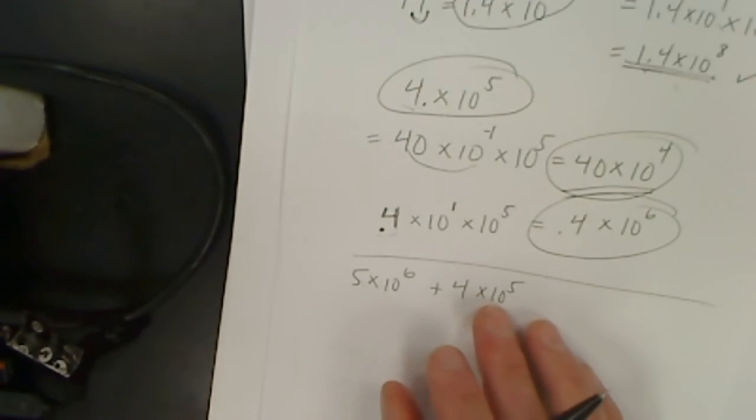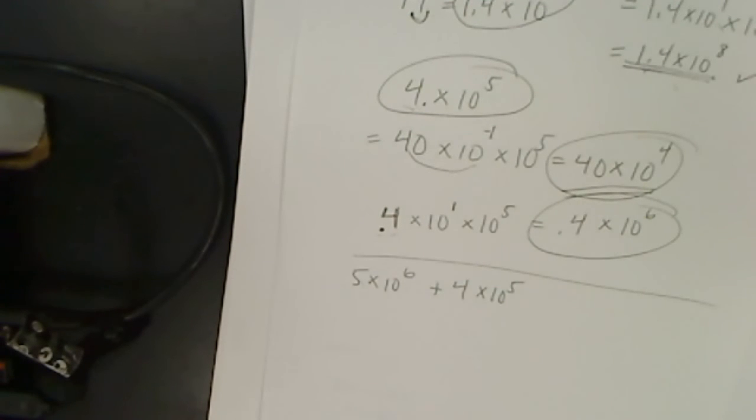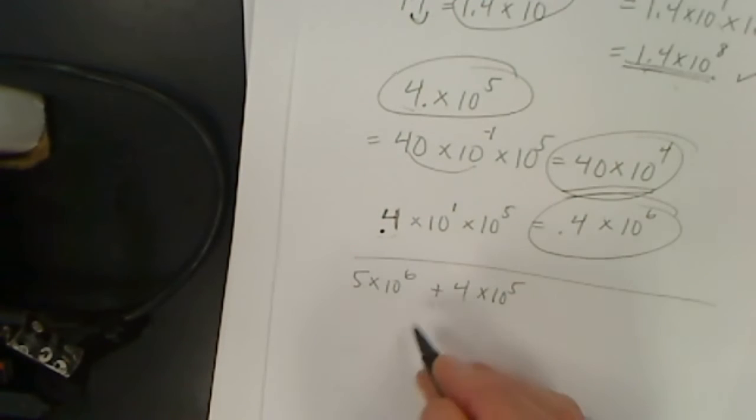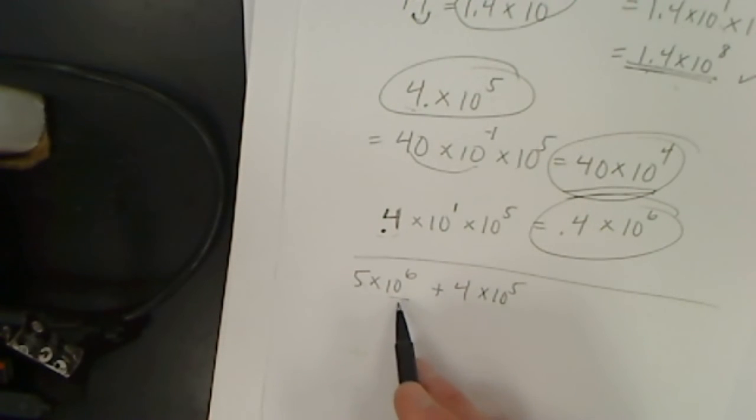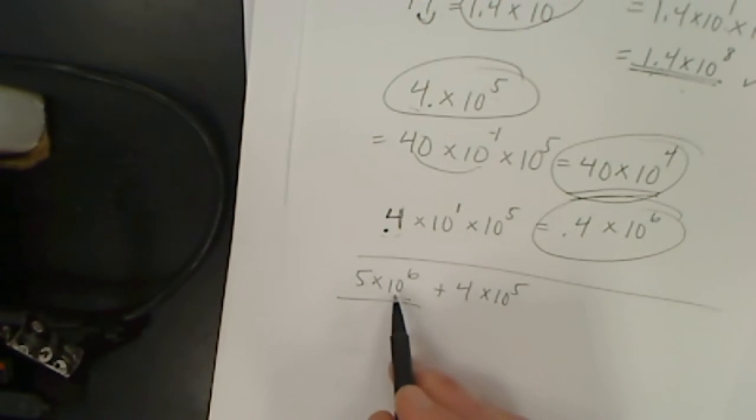There's actually a trick you can do. Actually, I feel like maybe we should do this just to understand. What is this number? What if I took this out of scientific notation? What would it be? 10 to the 6th. What does this mean? You remember 10 to the 6th?